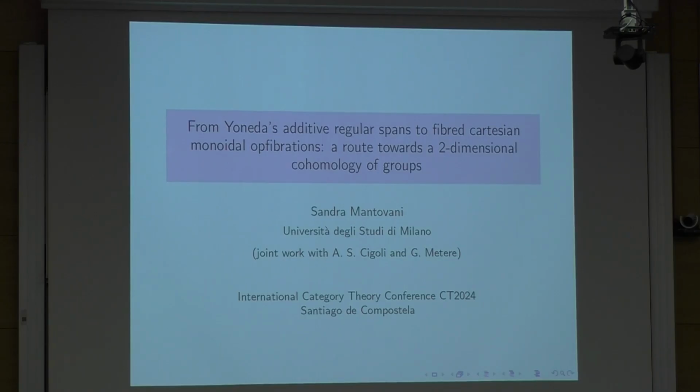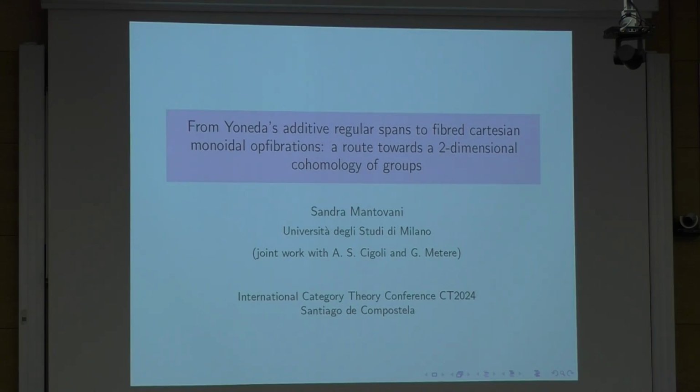So I will start this talk, and I will talk about this route towards two-dimensional, in the sense that we'll talk about two-groups instead of groups. Cohomology, two-groups instead of cohomology groups, and this is the idea of two-dimensional cohomology groups.